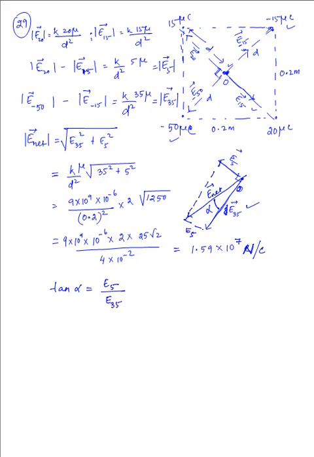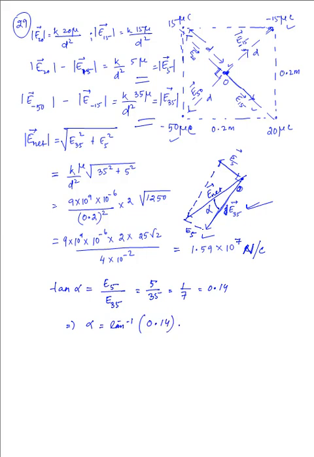The ratio of that, the perpendicular and the base, is tan alpha. If you have the values over here, you can compare that. The only thing that remains is 5 over 35, which is nearly 1 over 7, which is nearly 0.14. So alpha is going to be tangent inverse of 0.14.